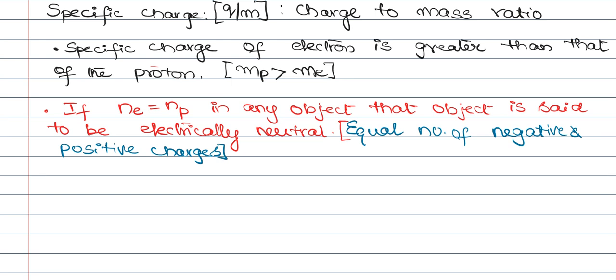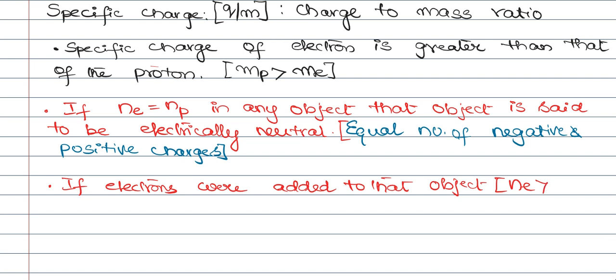Similarly, for that object, if electrons are added to it, so that the number of electrons will be greater than the number of protons, we are increasing negative charge, then that object is said to be negatively charged.